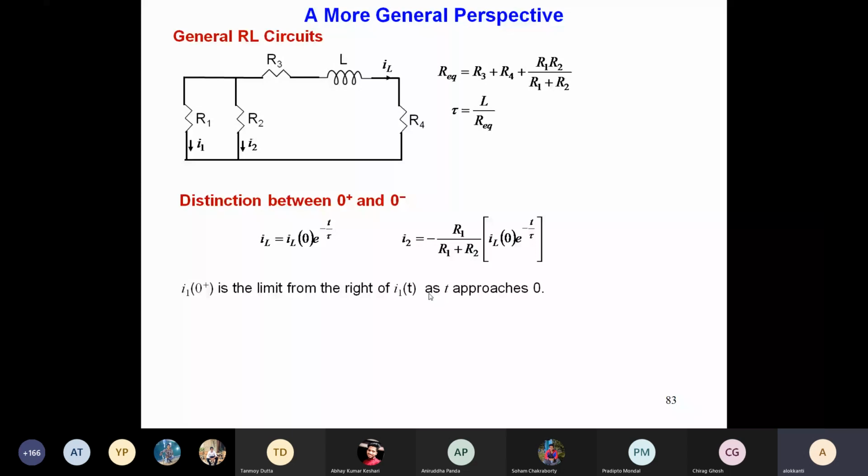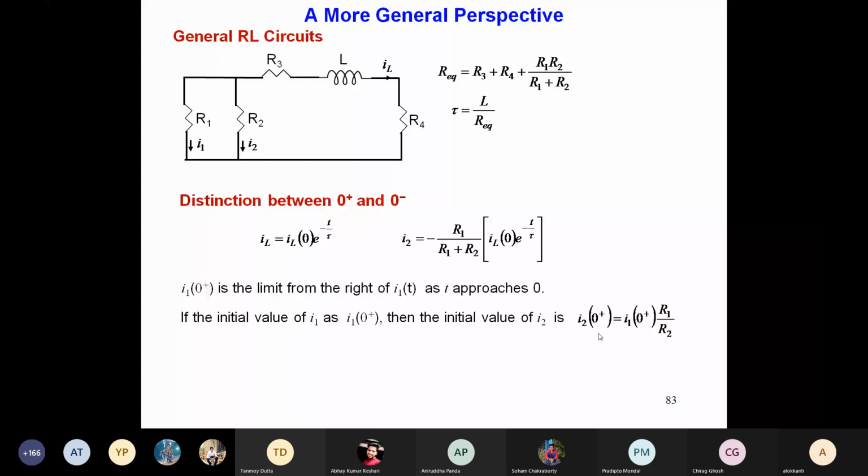If you are given the initial value of I1 as I1 0 plus, then you can find the initial value of I2. The potential across both of them is the same: I1 0 plus into R1 is equal to I2 0 plus into R2. So I2 0 plus is I1 0 plus into R1 by R2.